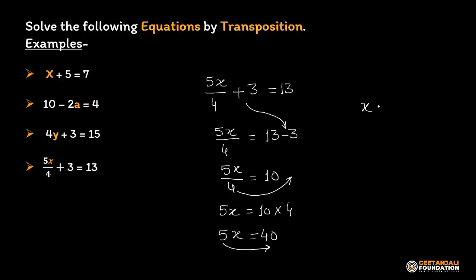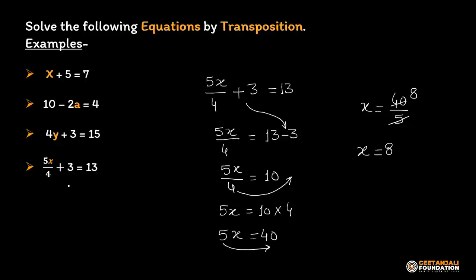So I can write x is equals to 40 divided by 5. 5 8s are 40. We have got the value of this last x also. Oh, it is 8, I'm so sorry. Value of x is 8. If you substitute 8 here, it will become a true equation.